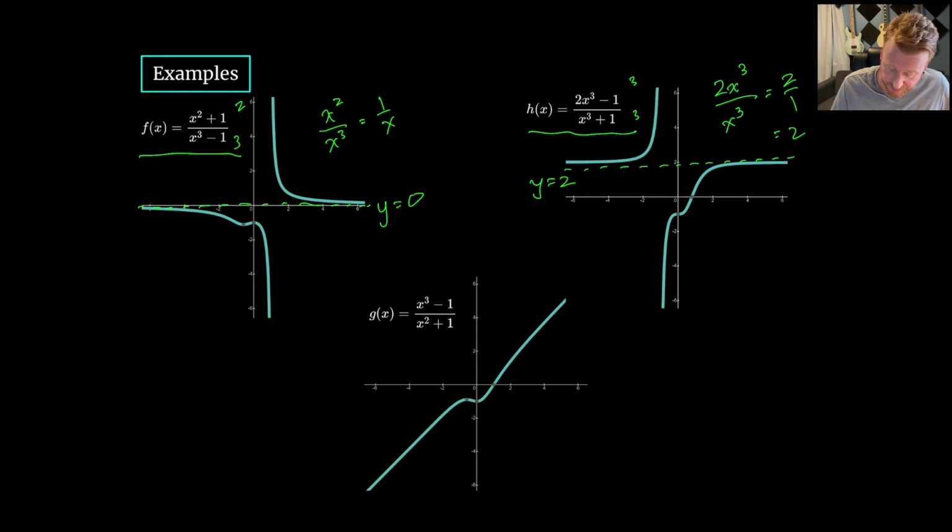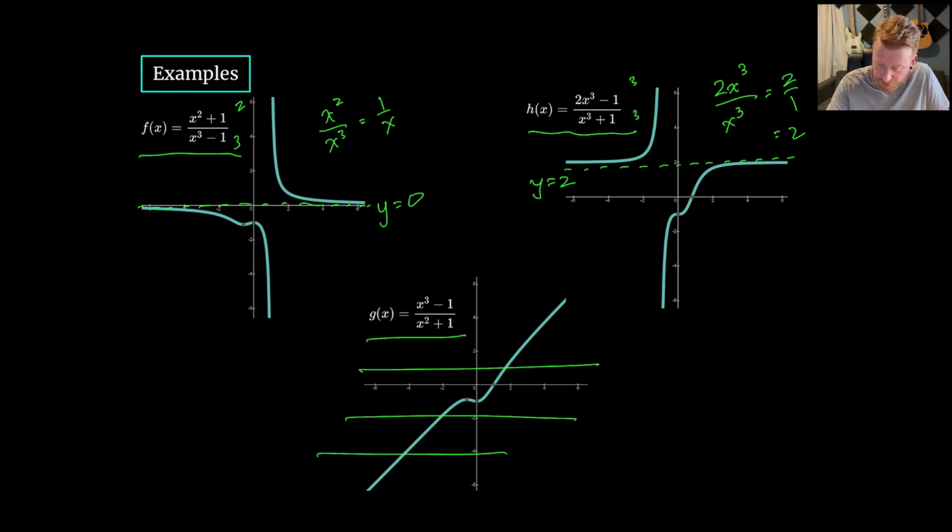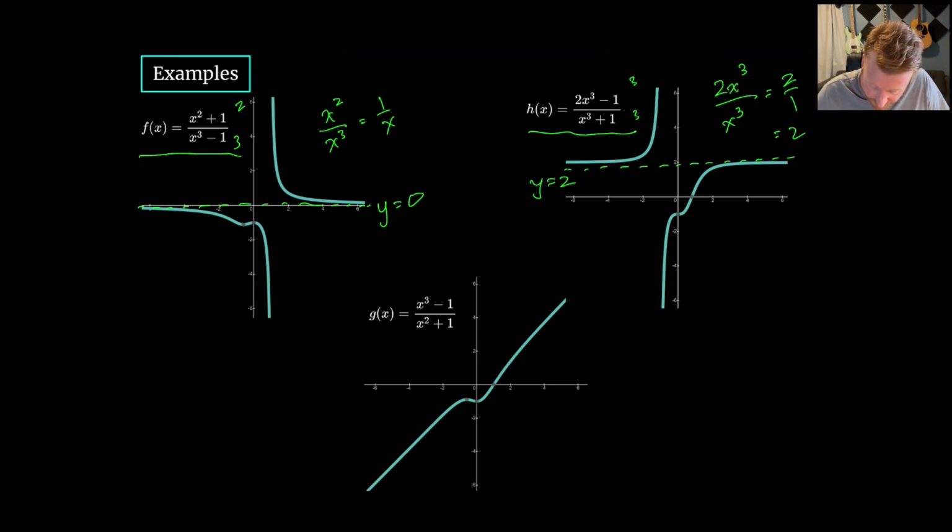All right, if we take a look at this third example here, g of x equals x cubed minus 1 over x squared plus 1. We can see that there is no horizontal asymptote anywhere. Anything that I would draw, it's not really approaching anything, but there is this linear asymptote that this thing is approaching on either side.